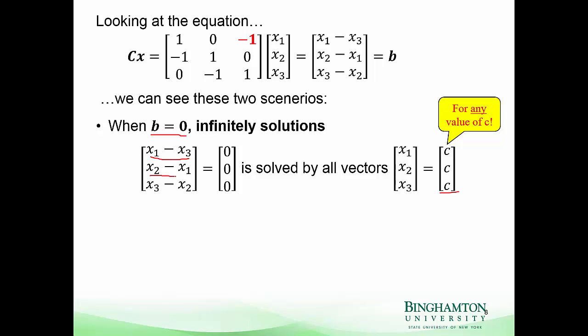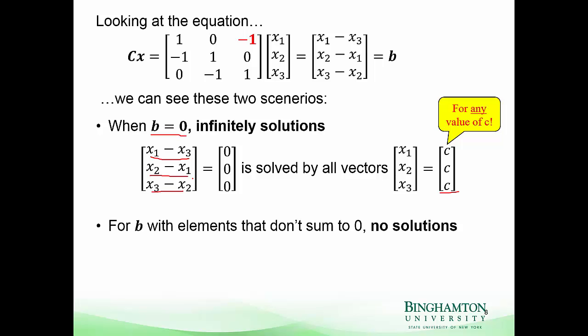And if x1 and x2 are the same, that becomes 0. And if x3 and x2 are the same, that becomes 0. So we can easily see this, and it doesn't matter what the value of c is. So for any constant c, you stick it into all three positions in the x vector, and you get something that solves this. So there's infinitely many solutions.